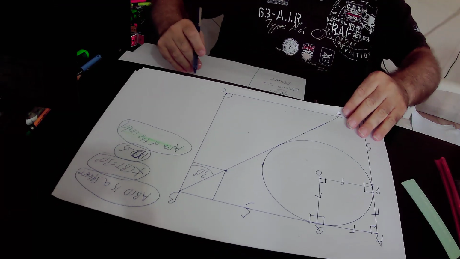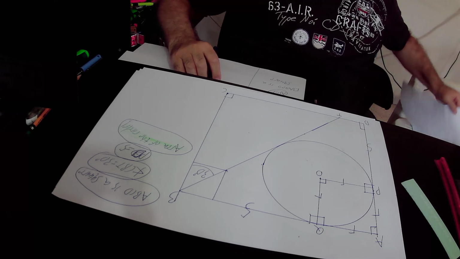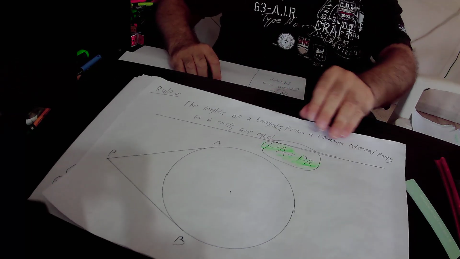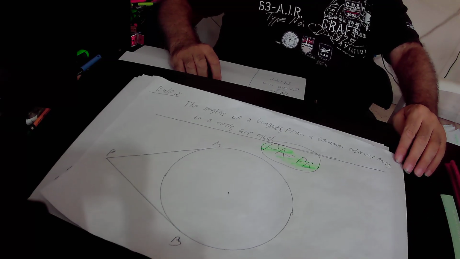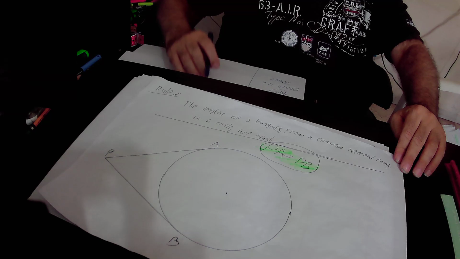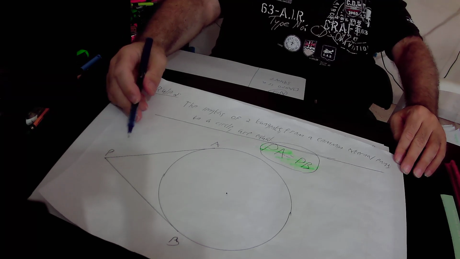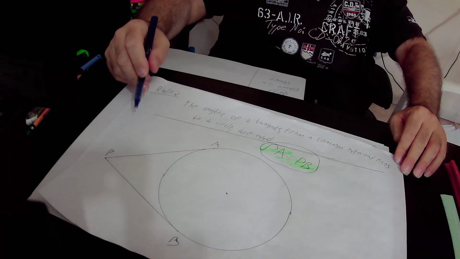In the next step, I will present to you rule number 2 and we will implement rule number 2 in our drawing. According to rule number 2, the lengths of two tangents from a common extreme point to a circle are equal. We have the common extreme point P. From the common extreme point P, we have tangent PA to this circle and tangent PB. And according to rule number 2, they are equal to each other.